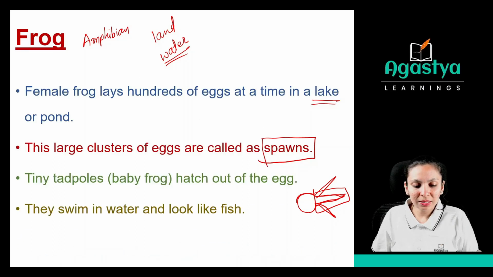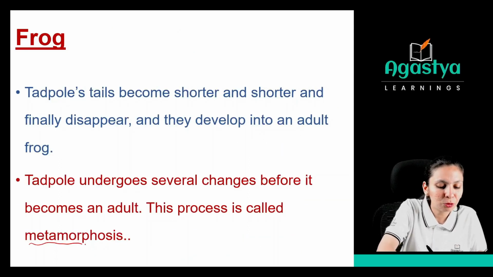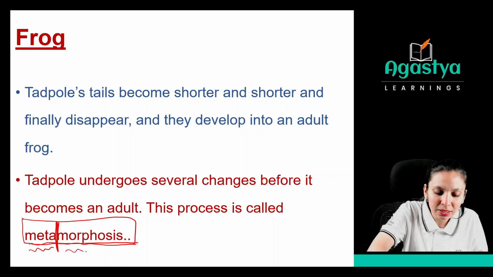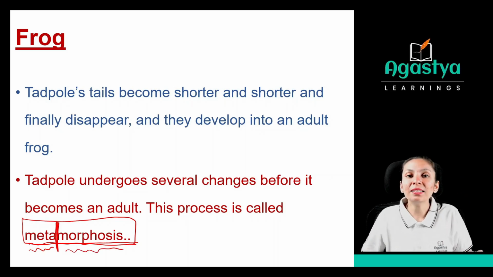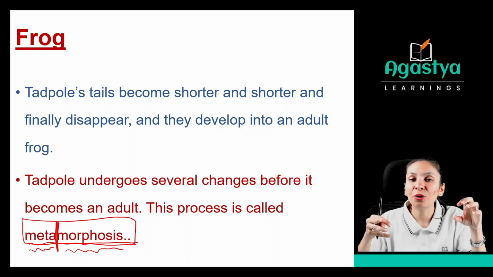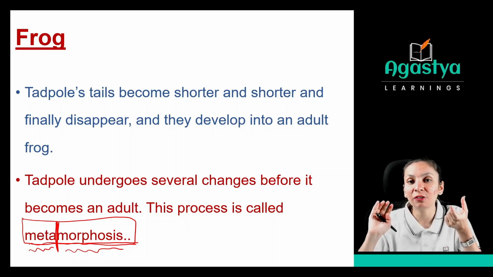So all these stages are called metamorphosis. How will you pronounce it? Metamorphosis. So metamorphosis is a process in the developmental stages, in which the egg of the frog goes through certain developmental stages to become an adult frog.